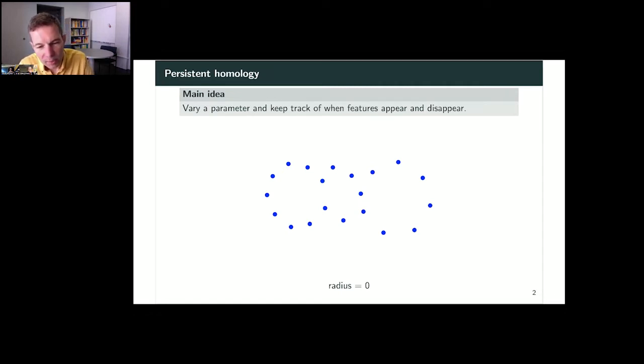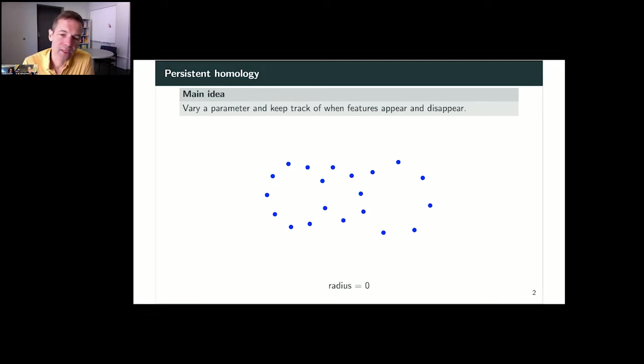So I'm just going to show the simplest way of doing this, and it's probably the most popular way because it is the simplest, but again, I encourage you to think more deeply for your data about maybe other ways of encoding it into a family of spaces.